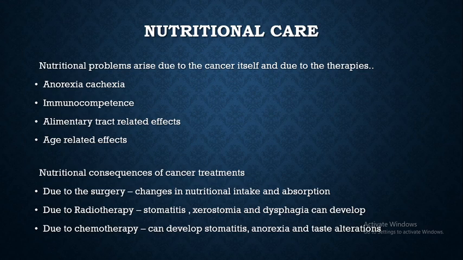In the case of surgery, changes in nutritional intake and absorption do happen. Due to radiotherapy, stomatitis, xerostomia and dysphagia can develop. And due to chemotherapy, again stomatitis, anorexia and taste alterations can develop.